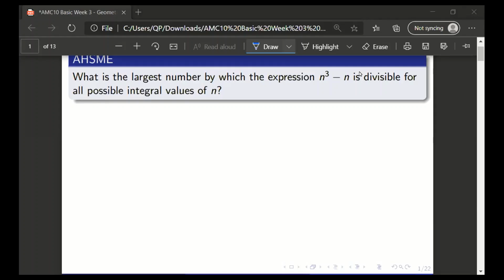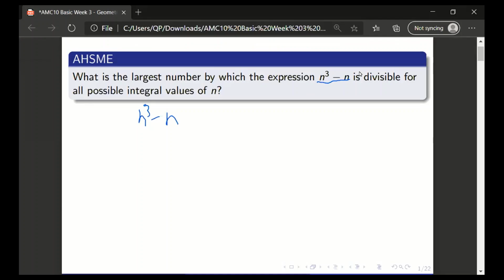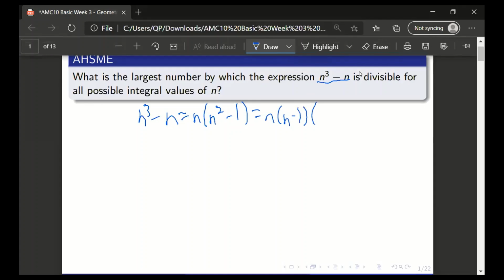Okay, so I'll start going over this now. First of all, this expression can easily be factored. So n cubed minus n equals n times n squared minus 1, which equals n times n minus 1 times n plus 1.